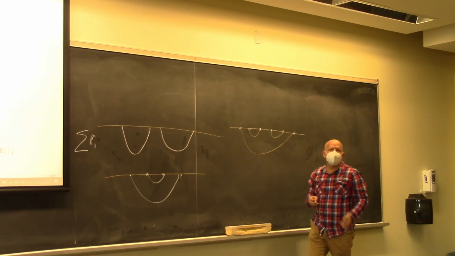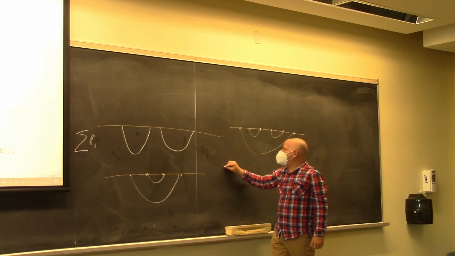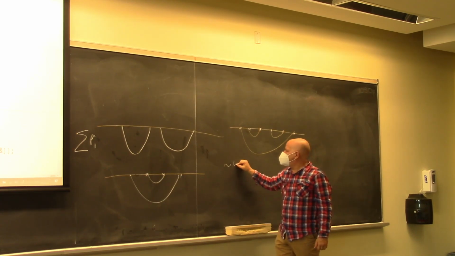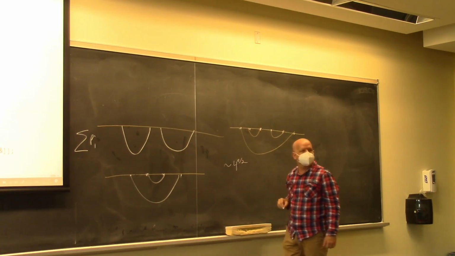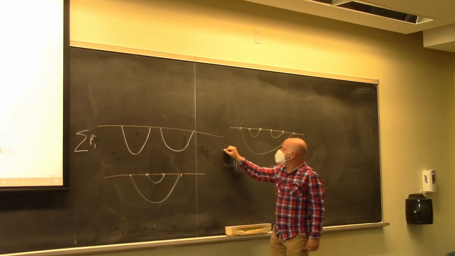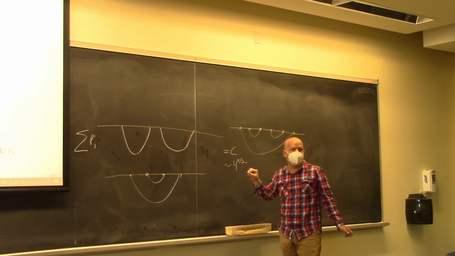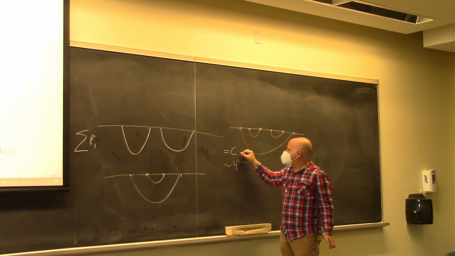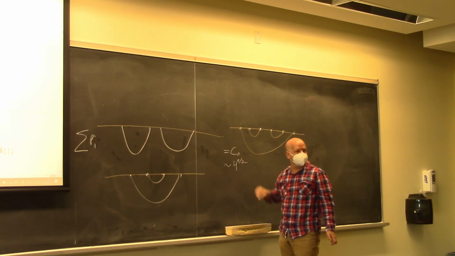How many possibilities are there? Well, maybe later we will see that it's approximately 4 to the number of intersection points over 2. In fact, it's precisely equal to the Catalan number, if you've seen in combinatorics, the Catalan number either of n or of n minus 1, I'm forgetting, but the asymptotics is this.